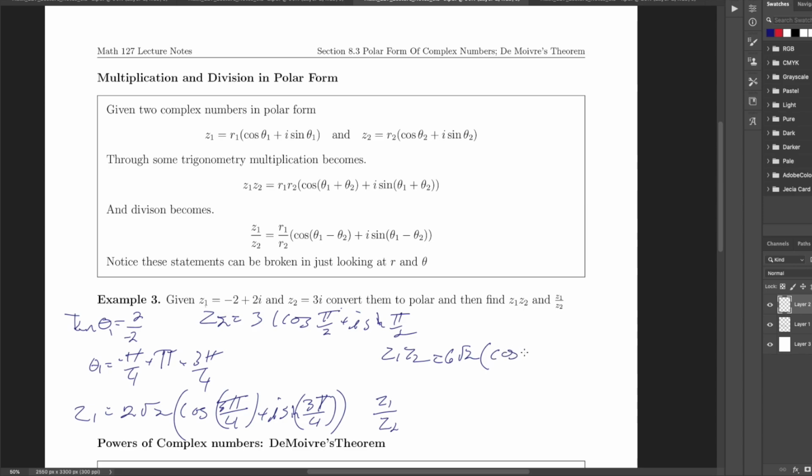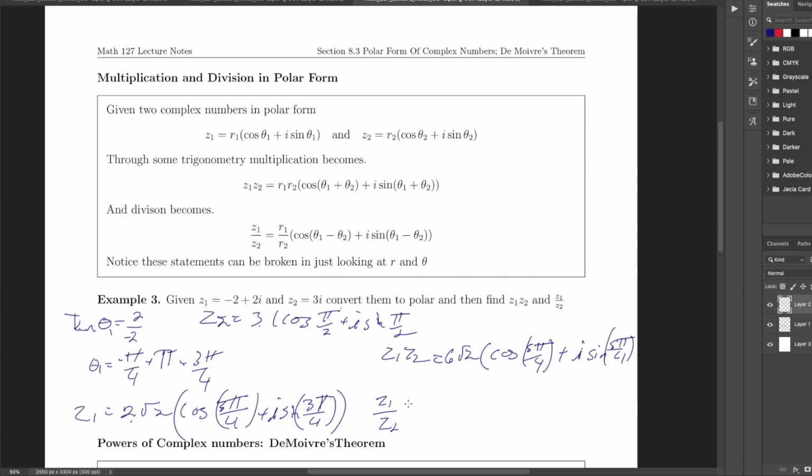So it'll be cosine of pi over 2 plus 3 pi over 4, so this is 2 pi over 4 plus 3 pi over 4 equals 5 pi over 4, plus i sine of 5 pi over 4. So once again, we just took this number and this number, multiplied them, and then we took pi over 2 and added 3 pi over 4, that gives us 5 pi over 4.